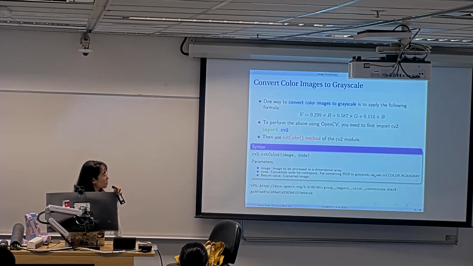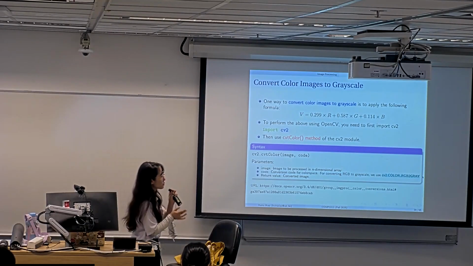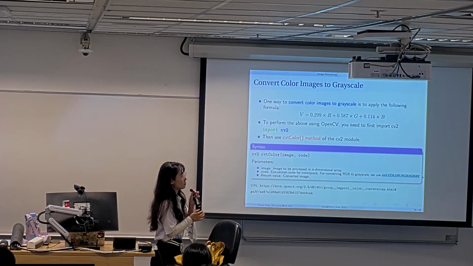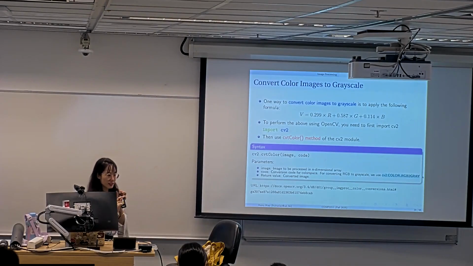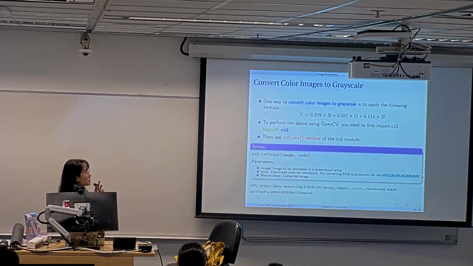In this case, the code is called cv2.COLOR_RGB2GRAY. This method cvtColor accepts that, okay, now I should perform the function of converting from color image to grayscale image, and it will return a converted image just by your specified code here.